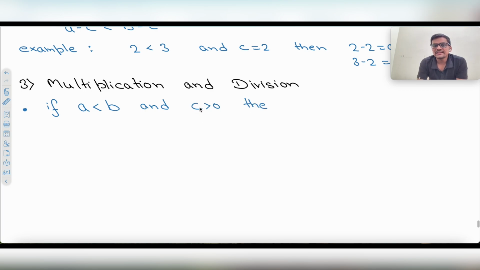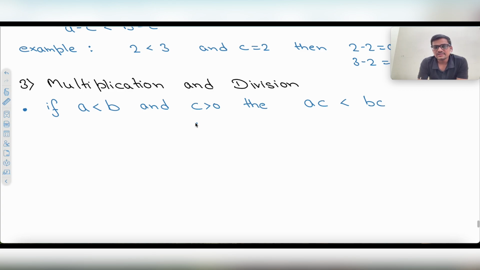Then what will be the inequality sign if I multiply this C on both sides? So if we multiply, then I will get AC and BC. Now because C is positive, the inequality sign will not change, that will remain the same, right?